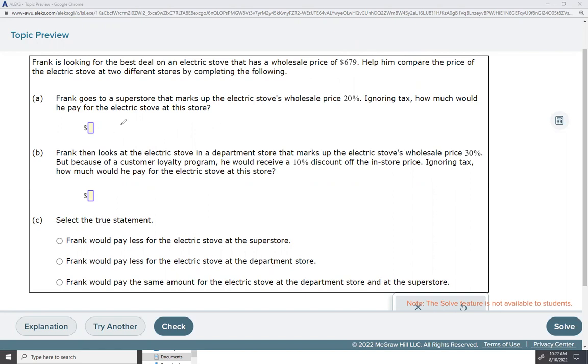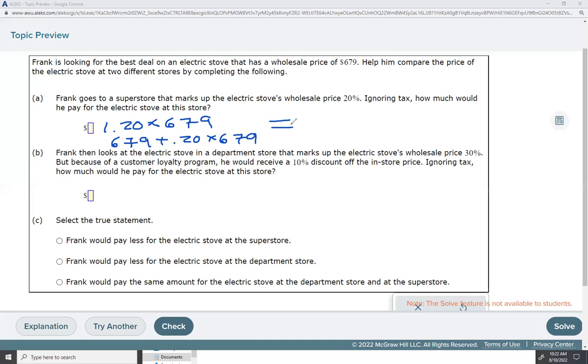So he's going to pay 120% of the wholesale price. In other words, the original 100%, the original $679, plus another 20%, the markup. Or you could just say, like we've been doing, 679 plus 20% of 679. Either way is fine.